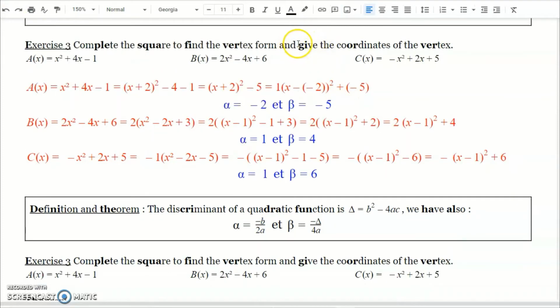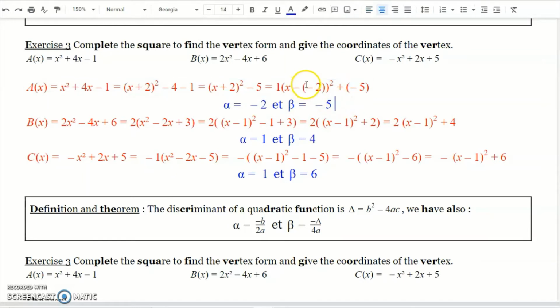Now we have to give the coordinates of the vertex. For a(x), we found that a(x) is (x + 2) squared minus 5, which we can write as 1 times (x - (-2)) squared plus (-5).